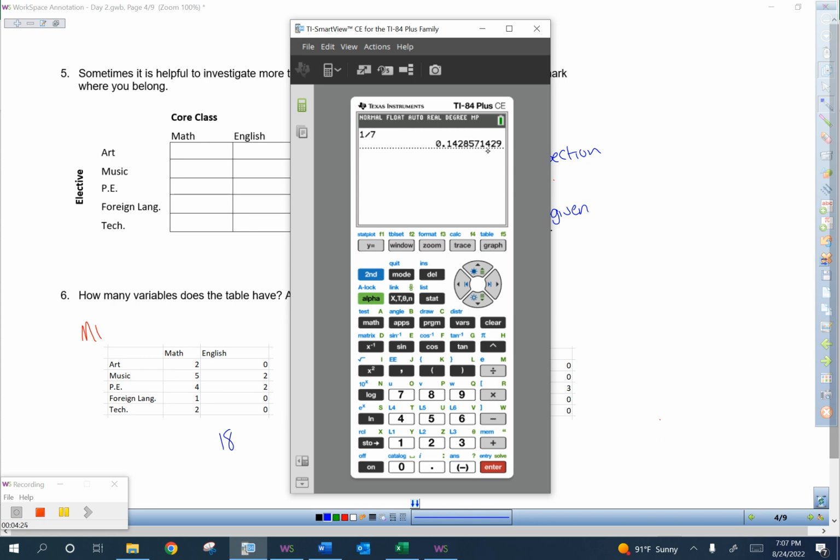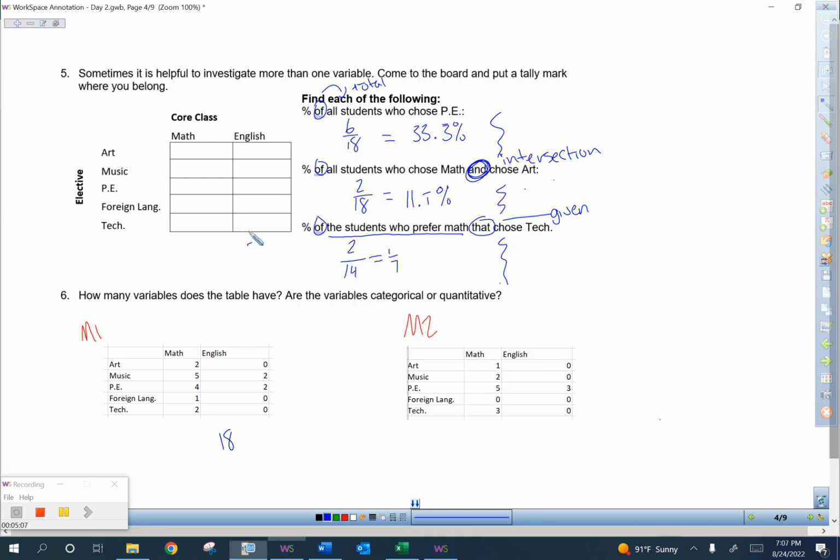We're not going to worry about writing that many digits, too many to repeat. So in this case, we'll just round. Anytime we're rounding a percentage or relative frequency, anytime we're rounding in general, and it doesn't give us guidance, we'll do one decimal place like the others ended up being. So about 14.3%.